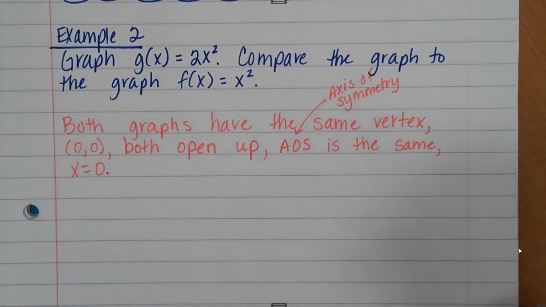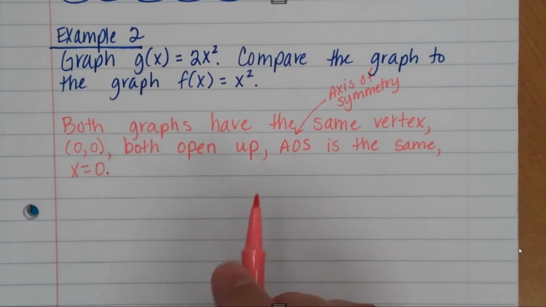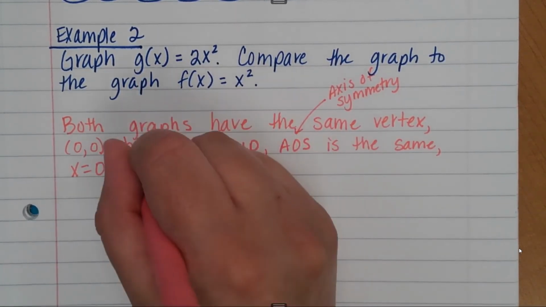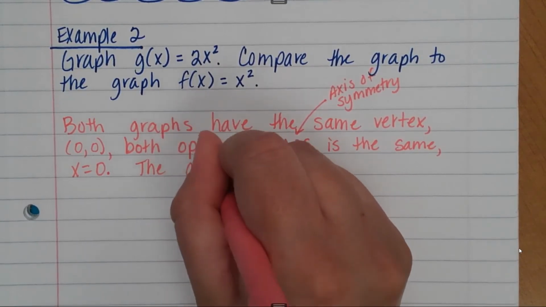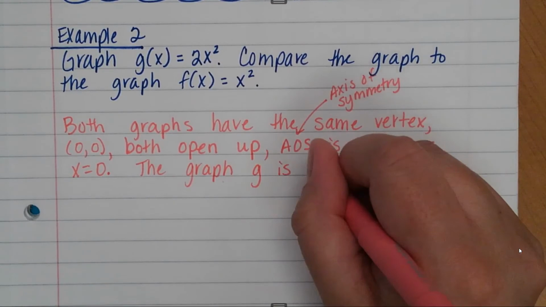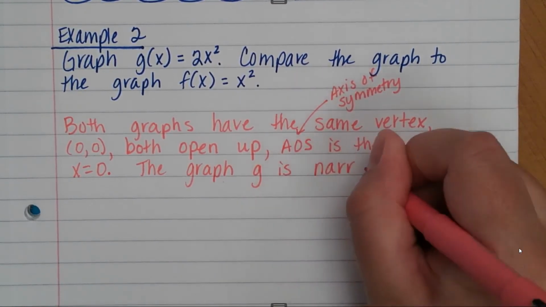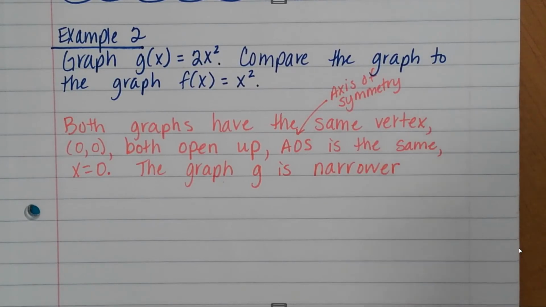And then you guys told me that the new graph, the graph of G, is narrower. So that's what we're going to write here. The graph of G is narrower, and then we're going to say why it's narrower.